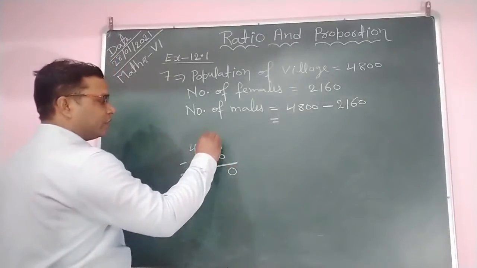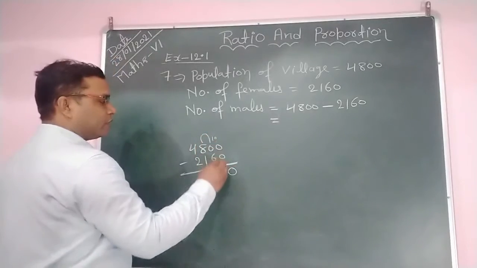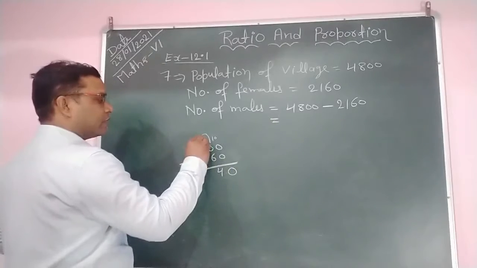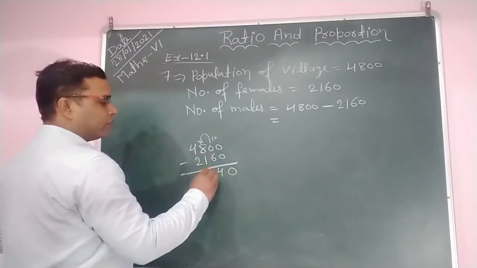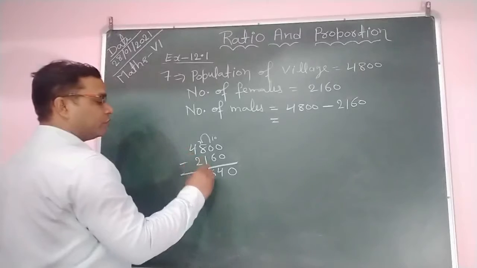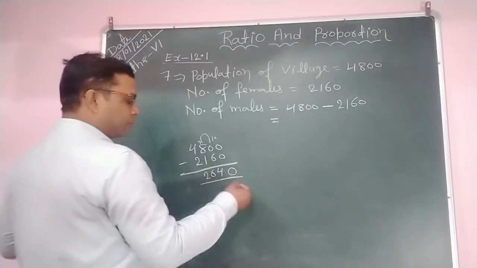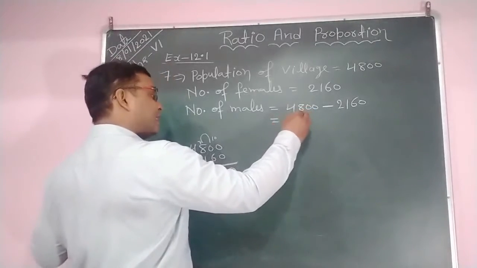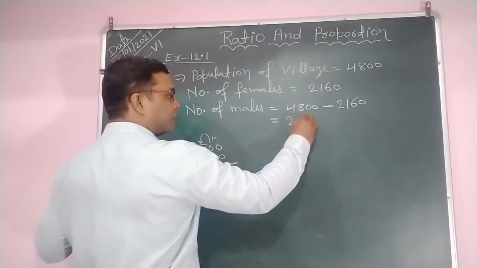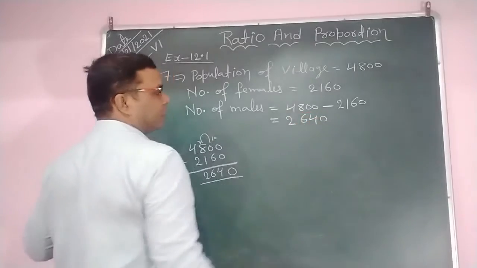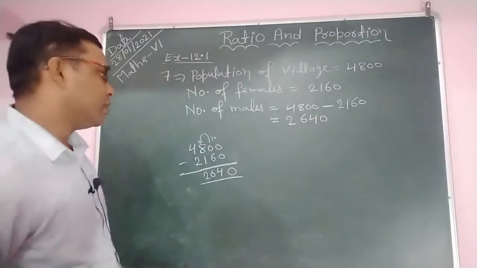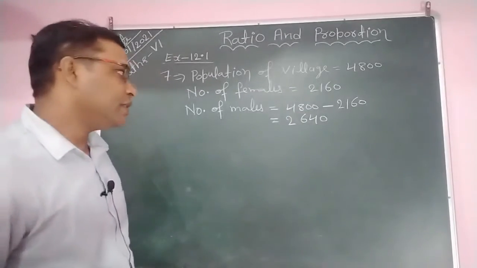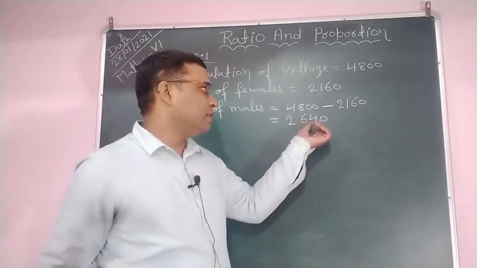Then 10 minus 6 is 4, and this becomes 7. 7 minus 1 is 6. 4 minus 2 is 2. So we get the number of males in the village is 2,640.